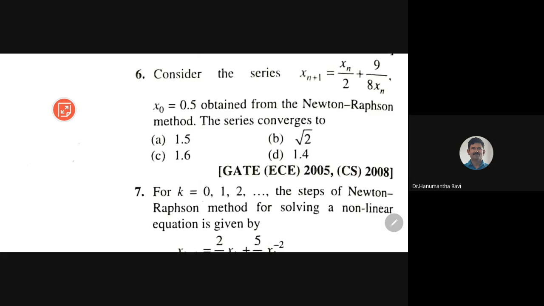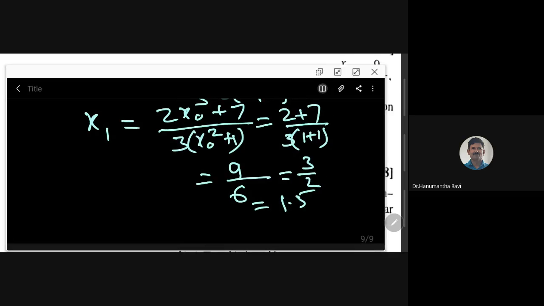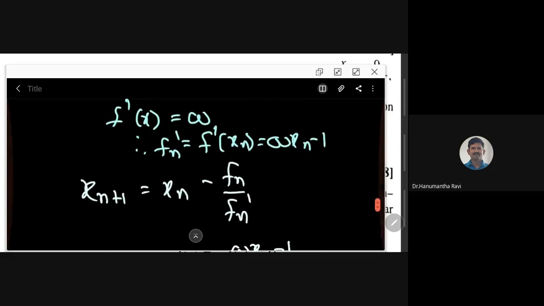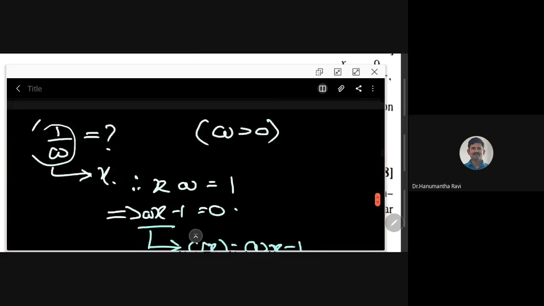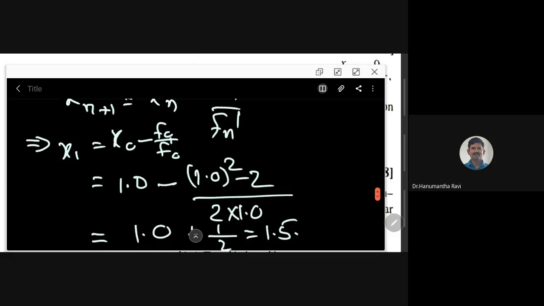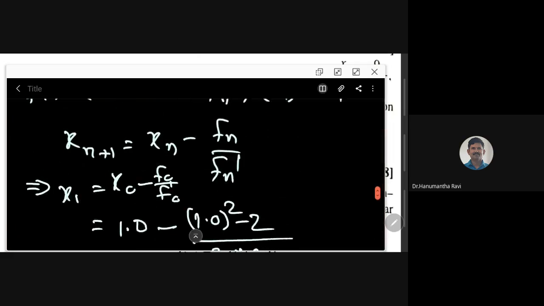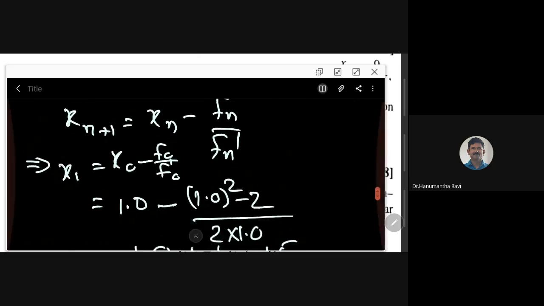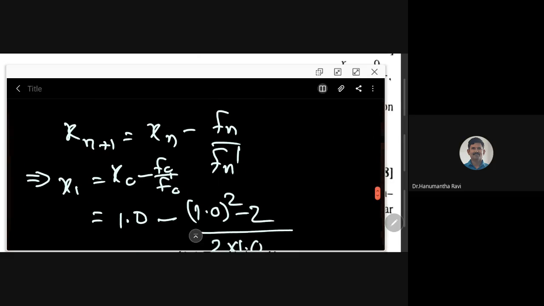For example, for x square we have done a problem, I think. For the square term, have we done it? See, what is the formula here? The formula here is xn plus 1 is equal to, right. I'll correct from this one.